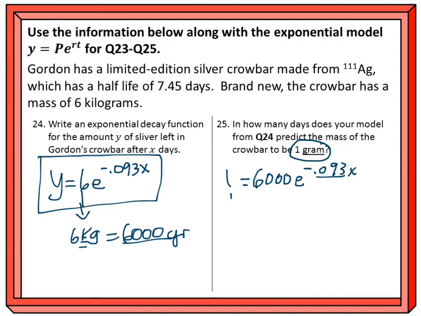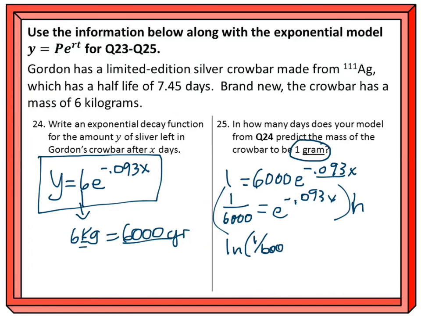So divide by the 6,000, it's 1 over 6,000 is equal to e to the negative 0.093x power. And then take the natural log of both sides of this. Natural log, of course, because it's the inverse of e. So I have the natural log of 1 over 6,000 is equal to, and the e will cancel out with the natural log, inverses again, negative 0.093x. And then finally, to get the x, we divide by the negative 0.093.